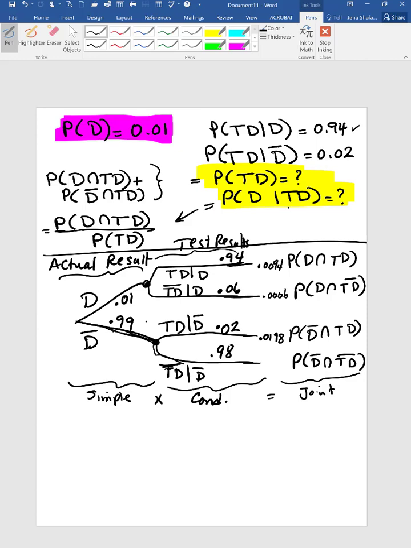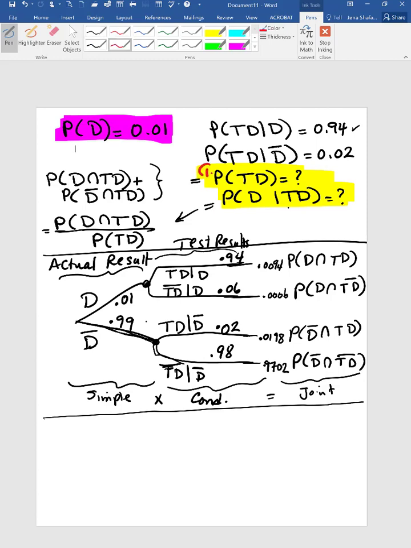And this one is 0.99 times 0.98, which is 0.9702. Okay, so we have created our first set of branches, and now we already have enough information to answer the first question, question number 1.